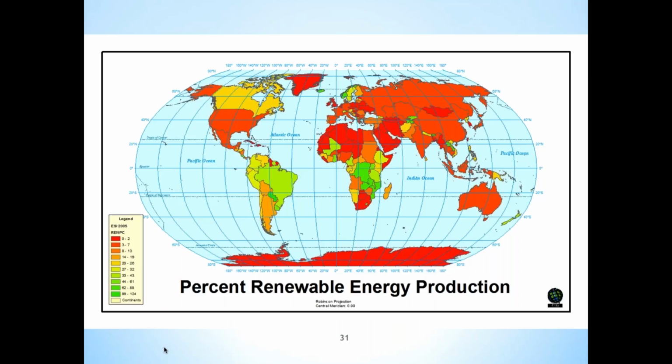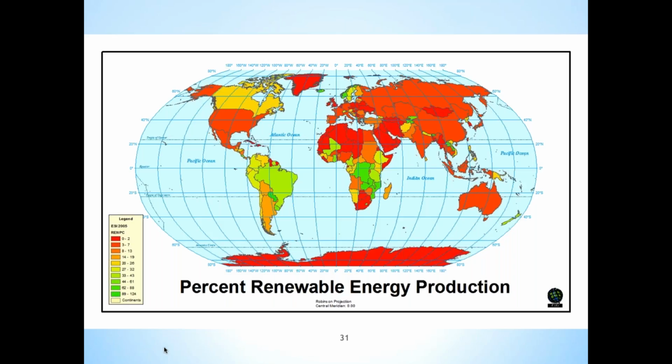Here's a different way of looking at renewable energy production, expressing each country's renewable energy production as a percentage of their total energy production. And now you begin to see some countries that are ahead of the game.